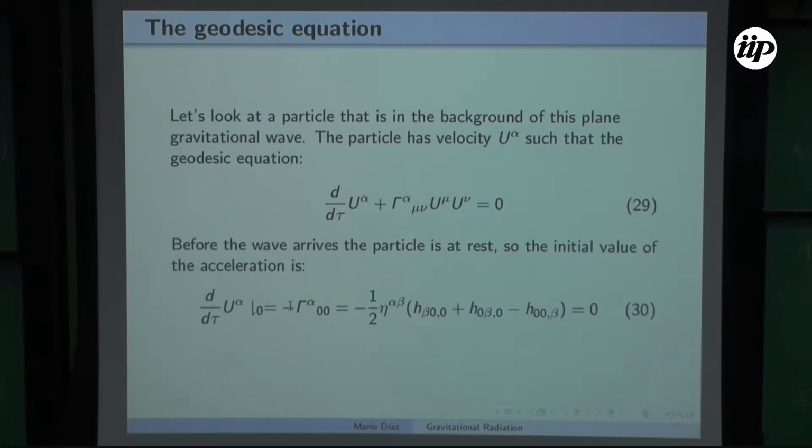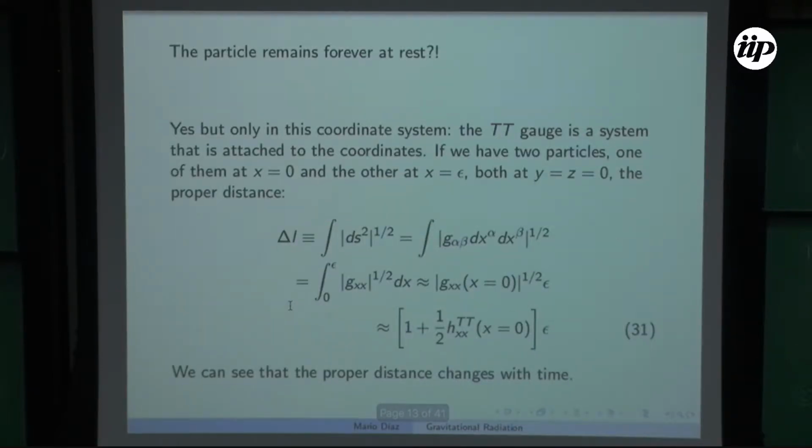So what is the meaning of having 0 acceleration? The particle is going to remain at rest, because if it was at rest, 0 acceleration means it remains at rest. So the TT gauge is a system that actually is attached to the objects.